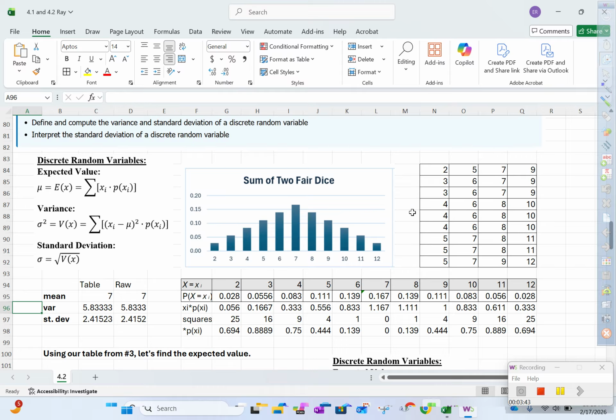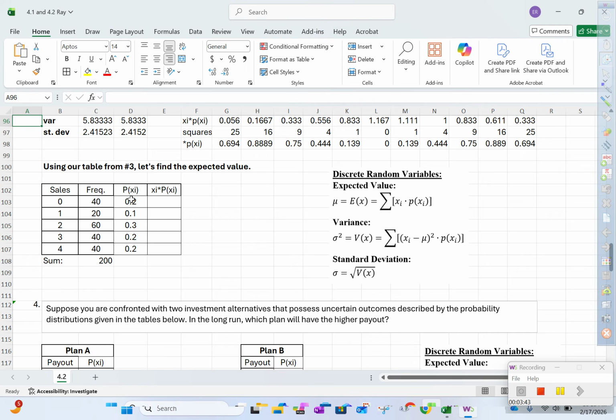Okay, so it says take the x value times the probability, which we already calculated up above. So we're going to grab the x value, times it by the probability, and that gives you the weighted total of 0. So it says there's 0 40 times, but y'all, that's still 0.